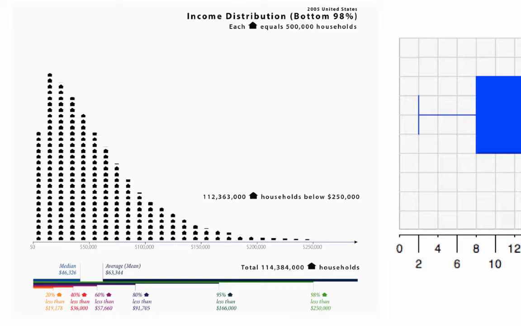But notice there's actually numbers here. And if we look down below, they've given us the median as well as the mean, and then we can kind of guesstimate, and I really don't like using that word, but estimate what the mode is.